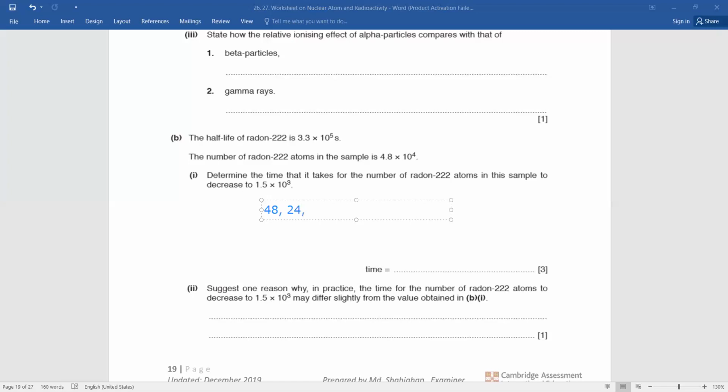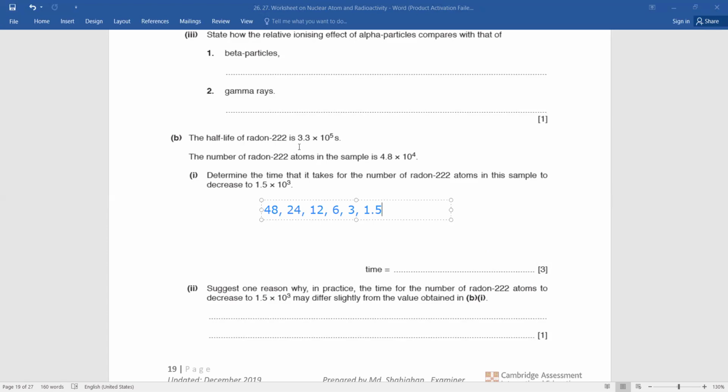Then 24 will be 12. 12 will be 6. Then 6 will be 3. Then 3 will be 1.5. So how many half-lives are you getting there? 5, right? 1, 2, 3, 4, 5. So 5 half-lives you are getting.